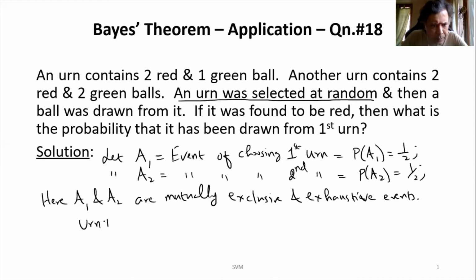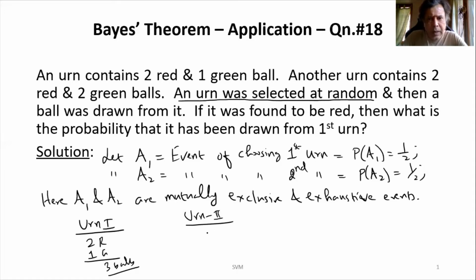Urn 1 has got 2 red and 1 green. That means totally it has got 3 balls. Urn 2 has got 2 red, 2 green. So totally there are 4 balls.